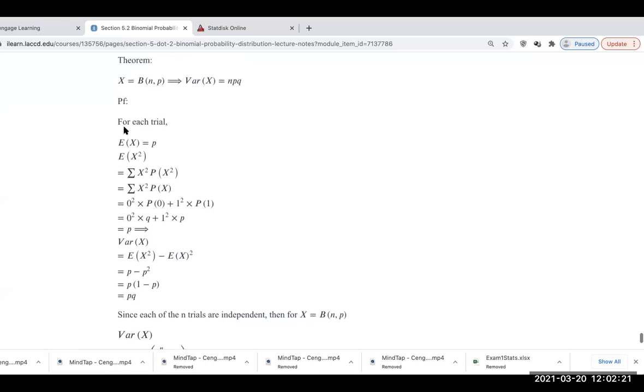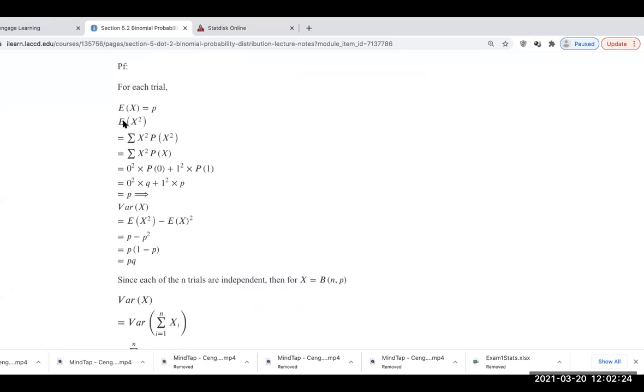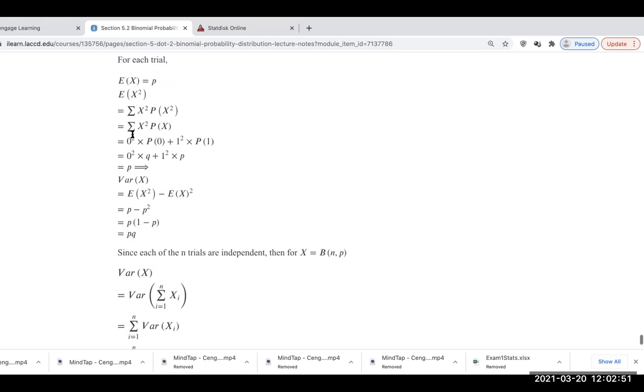So let's calculate the expected value of X squared. By definition, it's the sum of X squared times P of X. Let's plug in 0 and 1, the only two possible values of my random variable X. So 0 squared times the probability of 0, which is q, plus 1 squared times the probability of 1, which is p.